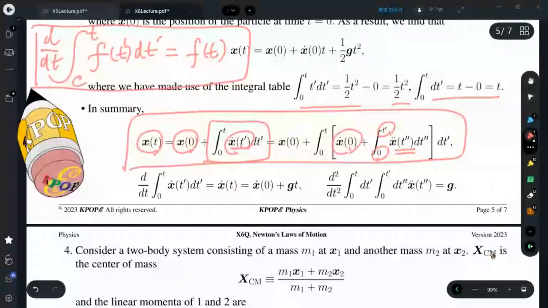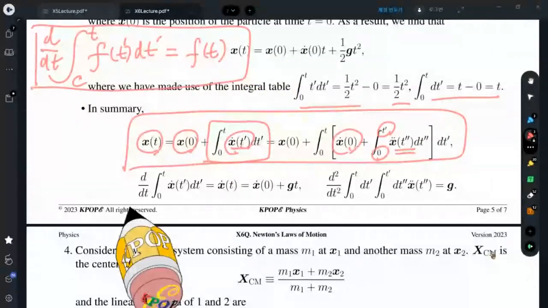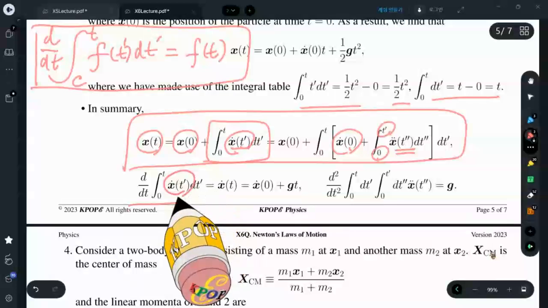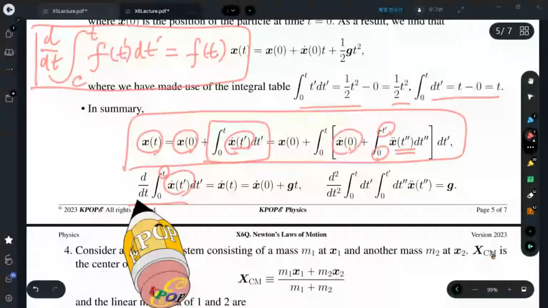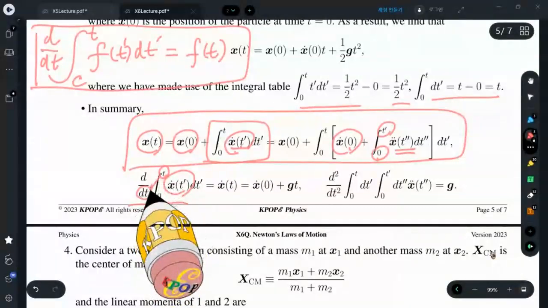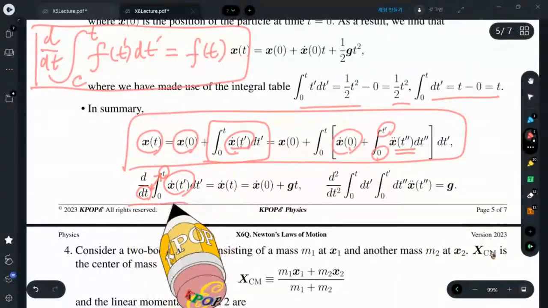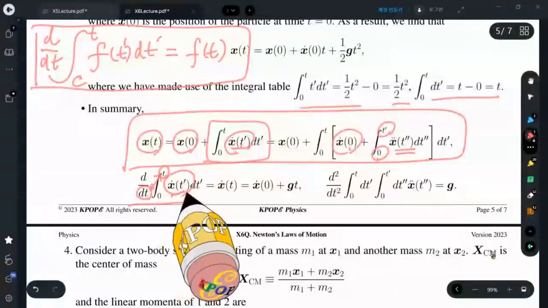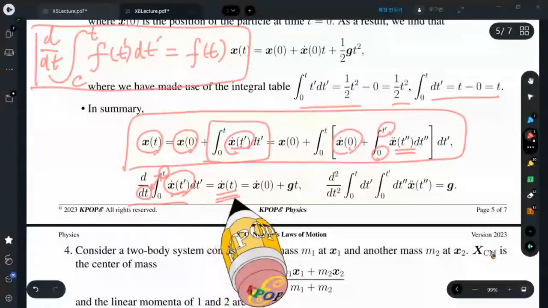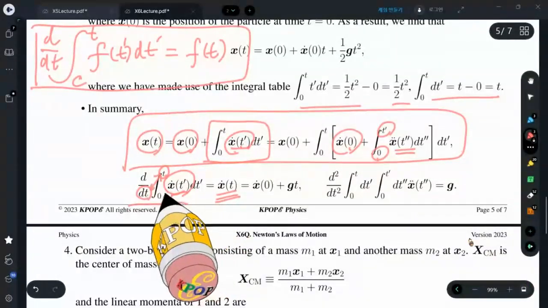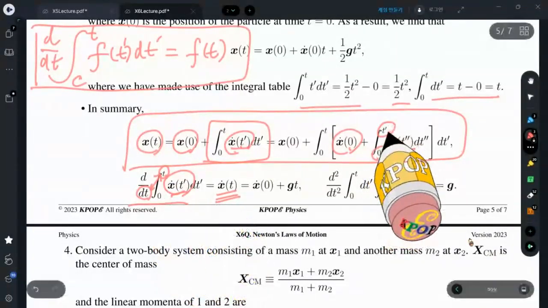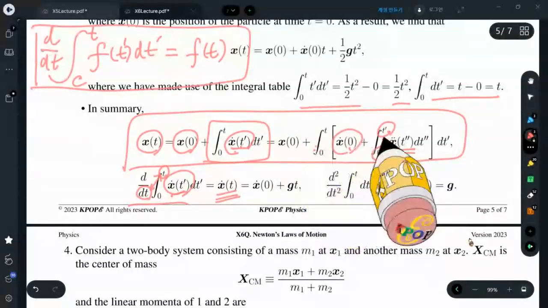You learned it a lot of times in high school. So this is the same. If you integrate with the same variable and take the derivative with respect to the same variable, then the answer is the integrand itself. If you do this job twice, there are double integrals in here.